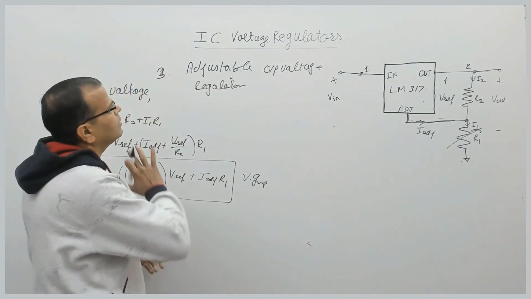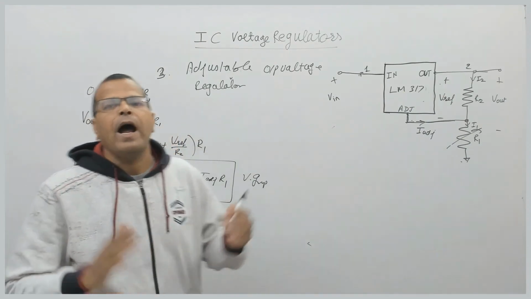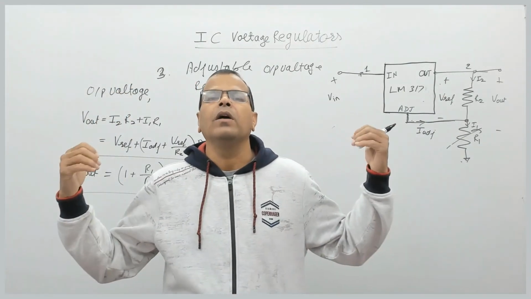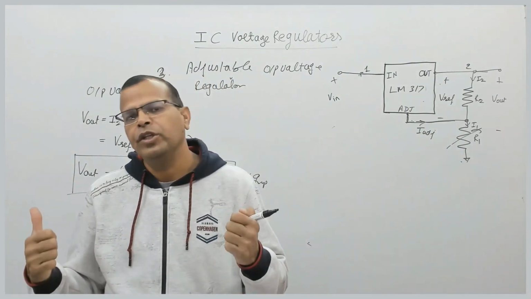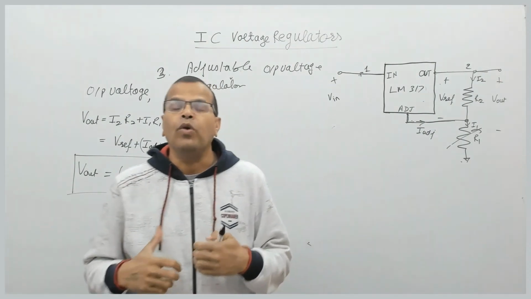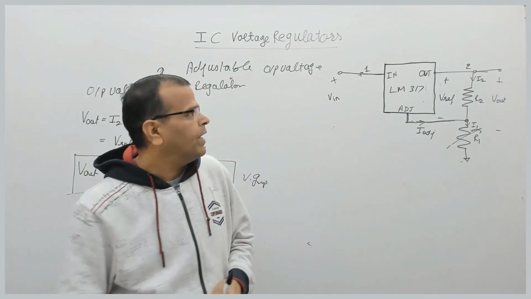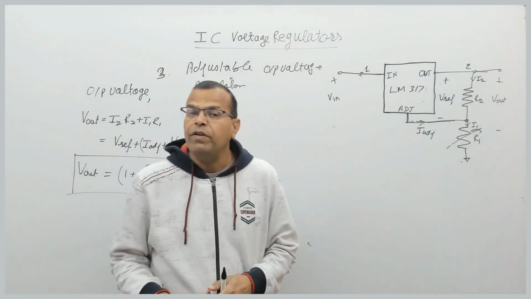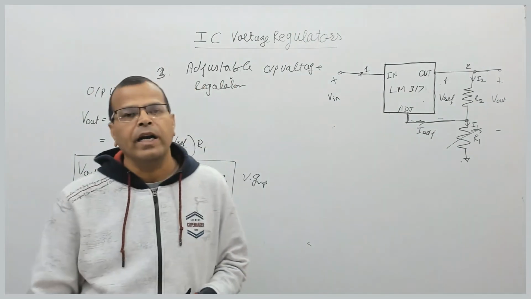So this is your adjustable output voltage regulator, and that finishes your integrated circuit based voltage regulators, and of course that finishes voltage regulators as such completely. Fine. So now we will start with the next chapter, that will be power amplifiers, from my next video onward.